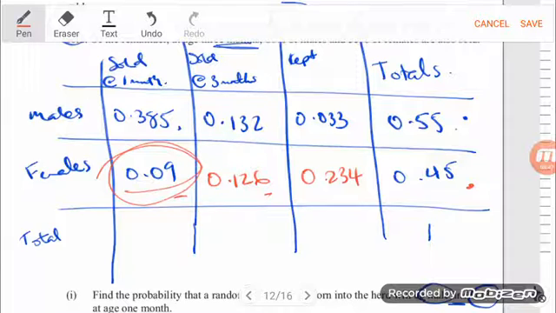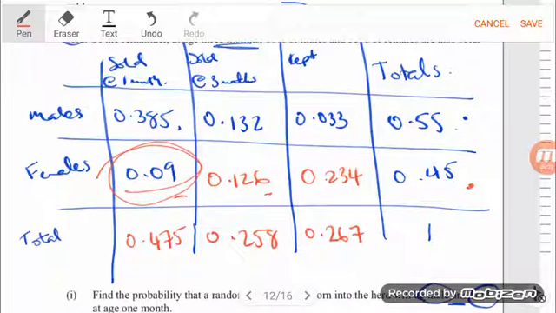In this situation, we don't need to know the totals, but it doesn't hurt to do it either. 0.385 plus 0.09 is 0.475, 0.132 plus 0.126 is 0.258, 0.033 plus 0.234 is equal to 0.267. Okay, and we are done.